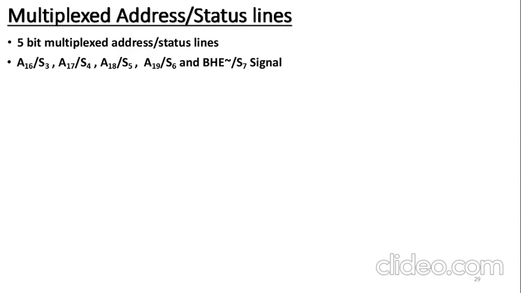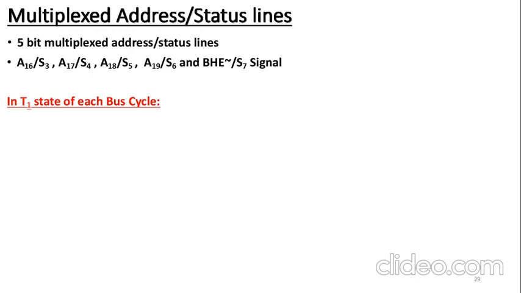So these are the 5 additional multiplexed address status lines, different from the multiplexed address data bus, which had 16. So the total number of multiplexed lines in the 8086 microprocessor is 21.